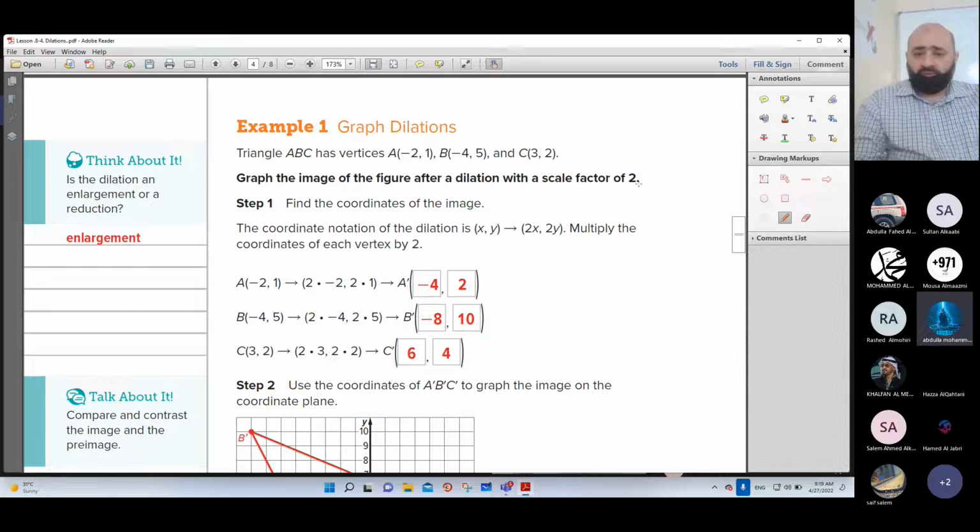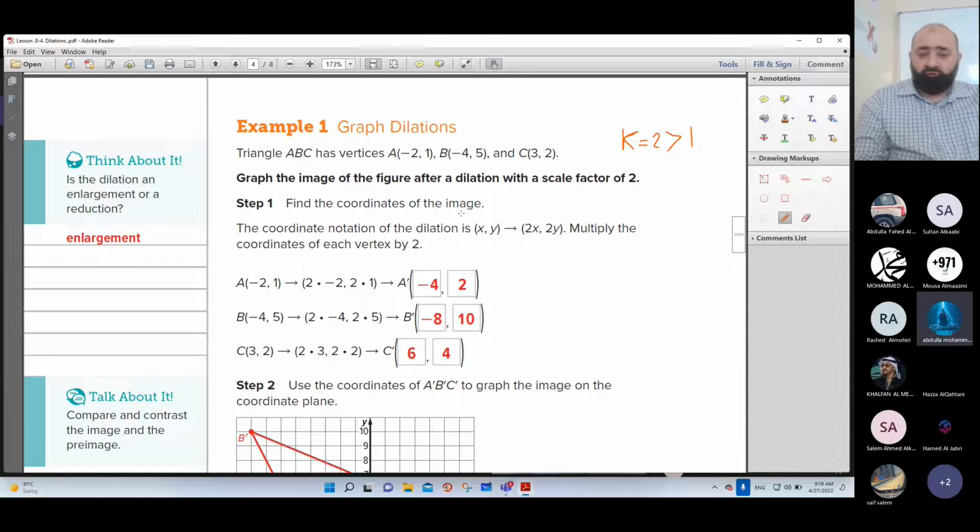Before we do the graph, we have k equal to 2, which is greater than 1. If k is greater than 1, do we have a reduction, an enlargement, or no change? Enlargement.